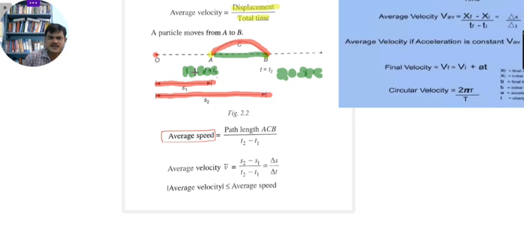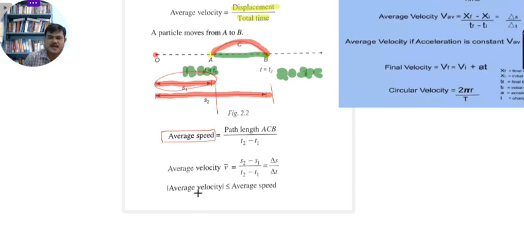When S1 is removed from S2, the distance will be this much, equal to A to B as an exact straight line in a fixed direction. So here I have a spark about what average velocity and speed are.